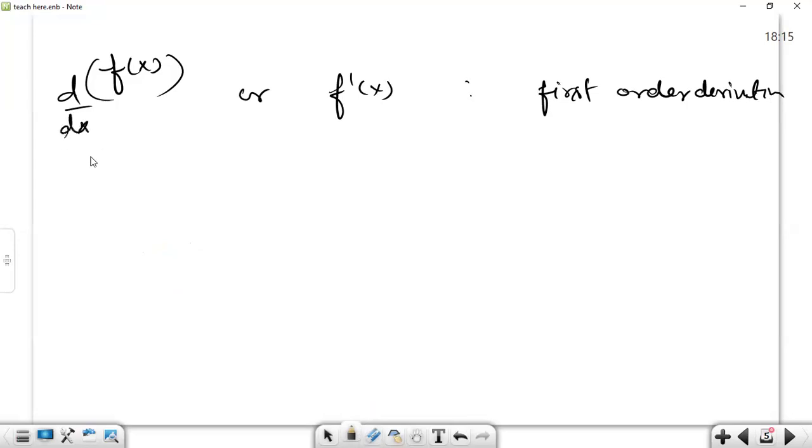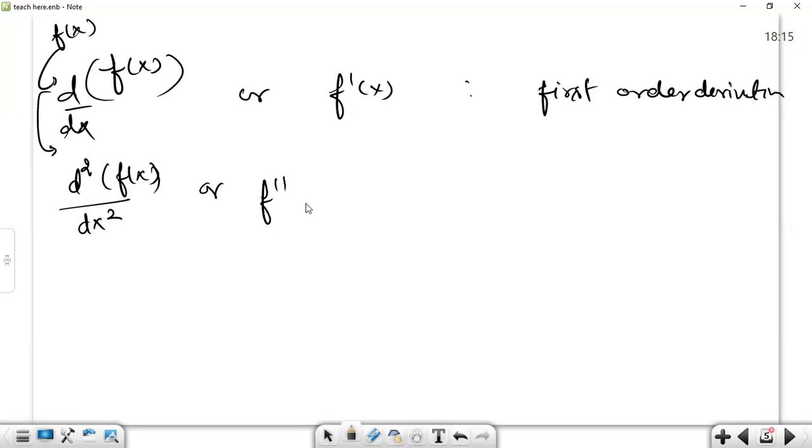If it is differentiated twice, we will write 2 here and 2 here, that means that we have differentiated it once again with respect to x. So the original function was f of x, its first differentiation happened, and second differentiation happened. To represent this, we were representing it like this or in this format.